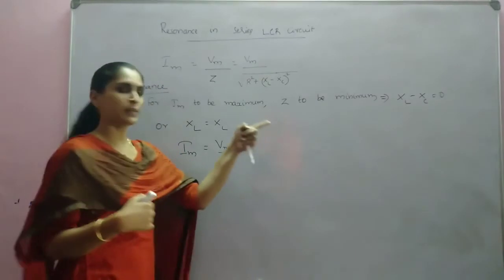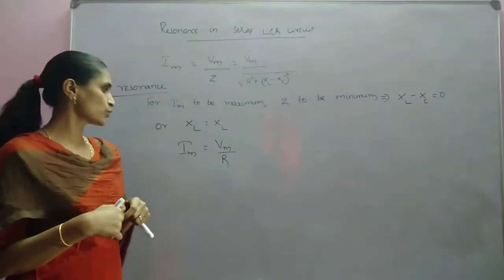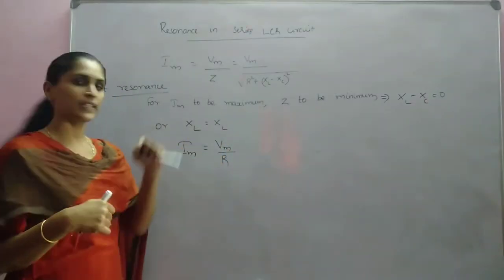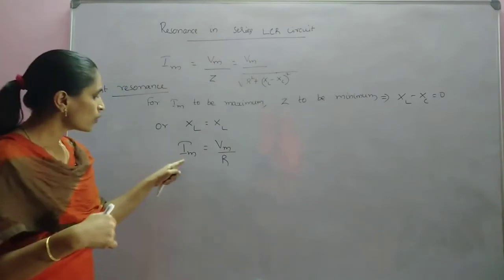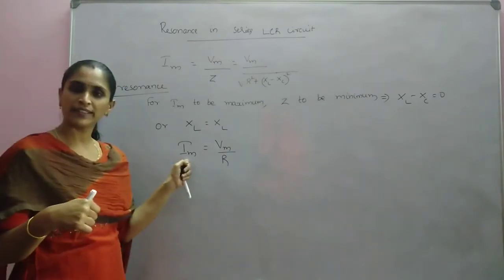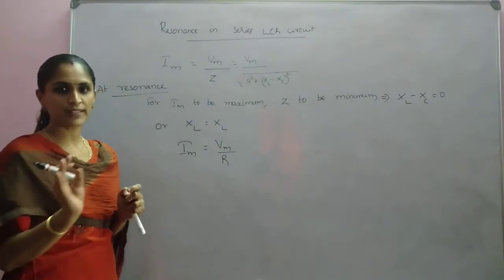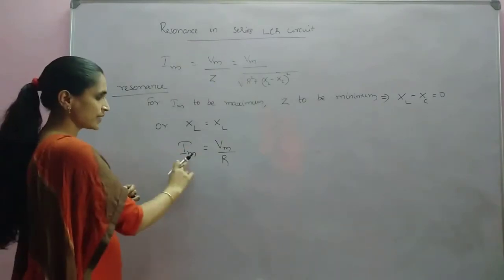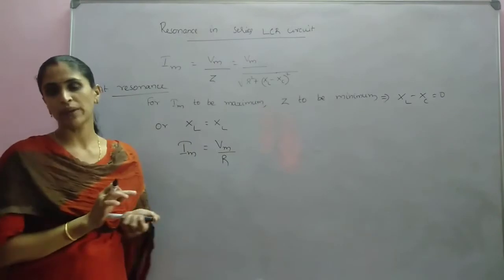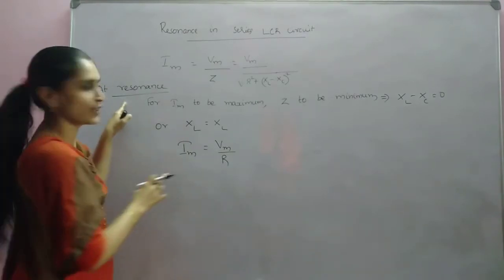For impedance to be minimum, XL minus XC is equal to 0, or XL is equal to XC, and the peak value of current is given by Vm by R. So at resonance, impedance will be only resistance. This is the condition for resonance.